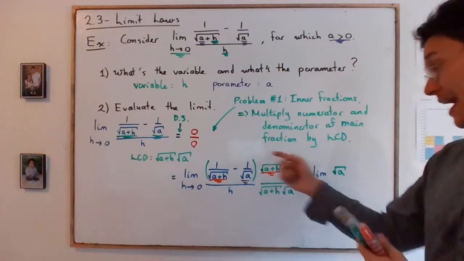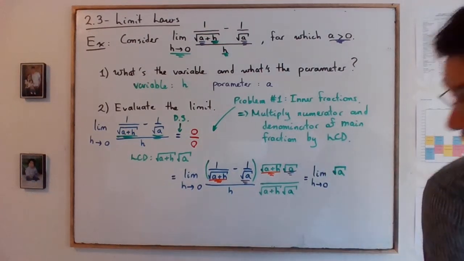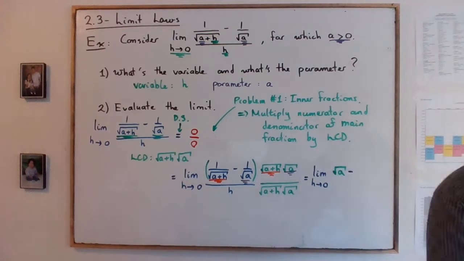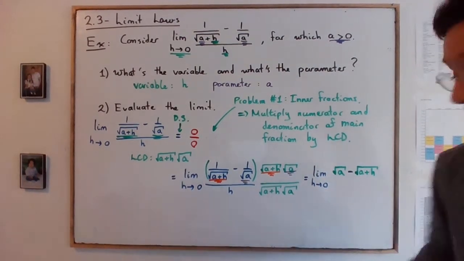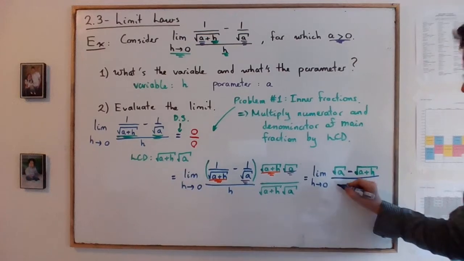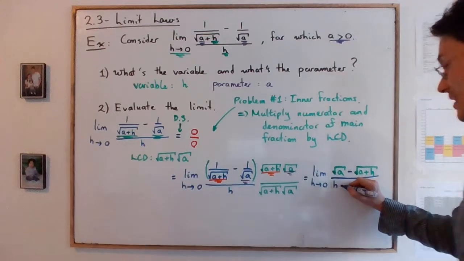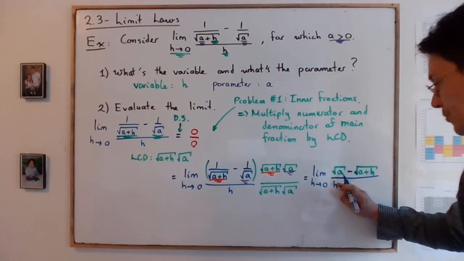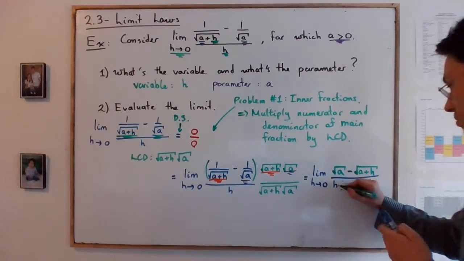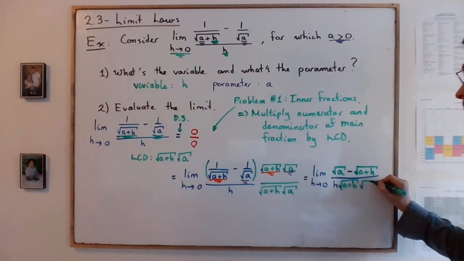So what is left at the top is simply the square root of a minus the square root of a plus h. And then the denominator becomes h times the square root of a plus h times the square root of a, as nothing cancels over here.